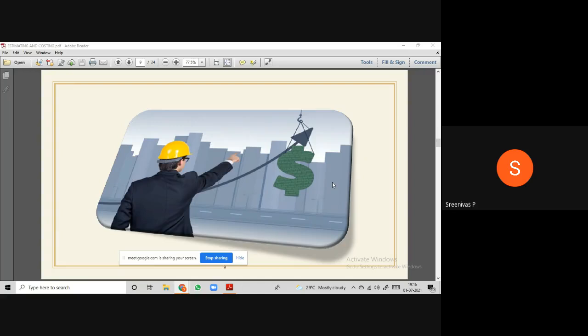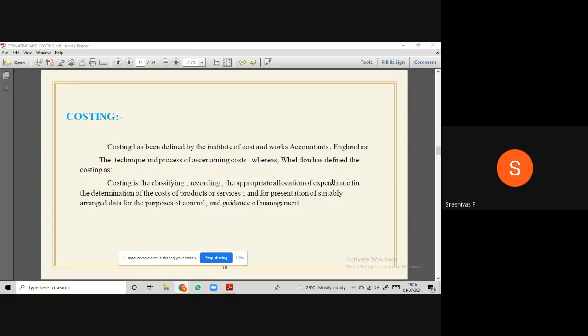The word costing has been defined by the Institute of Cost Accountants, England, as the technique and process of ascertaining costs.